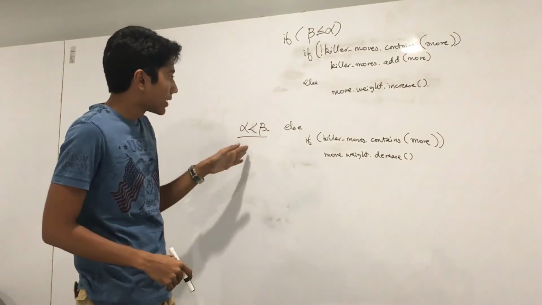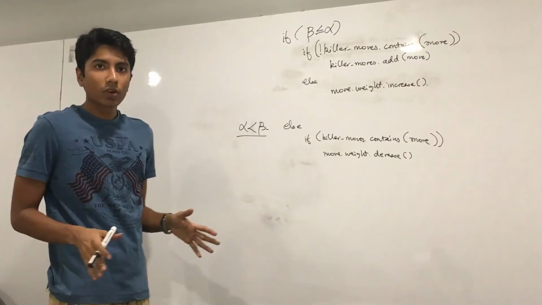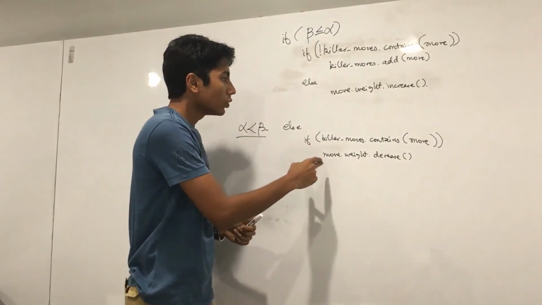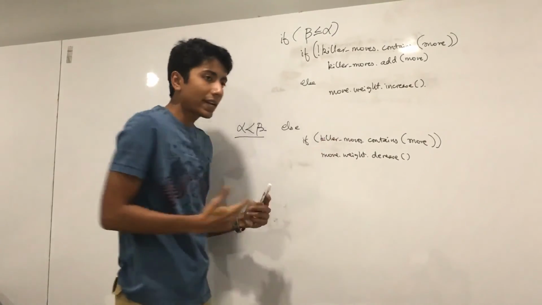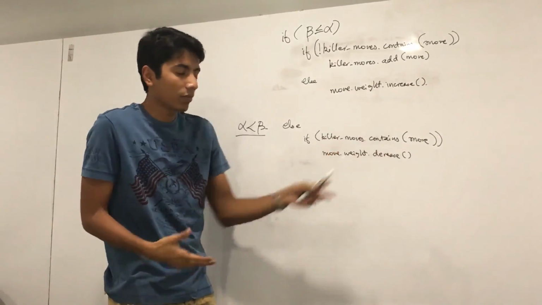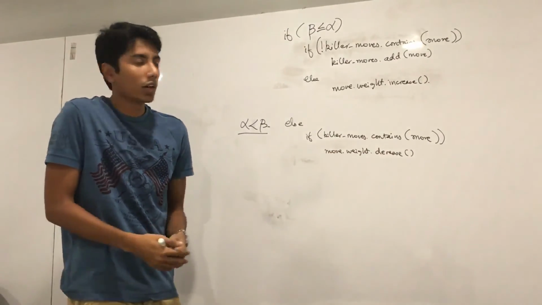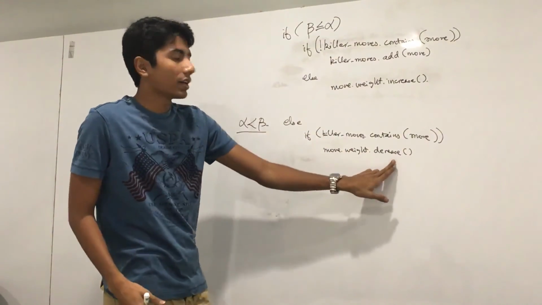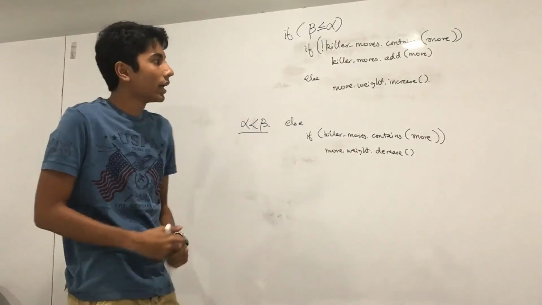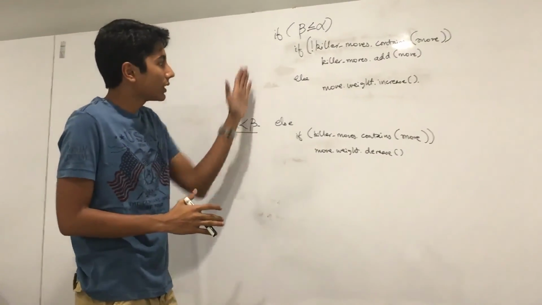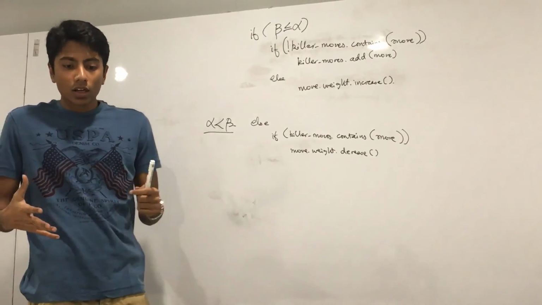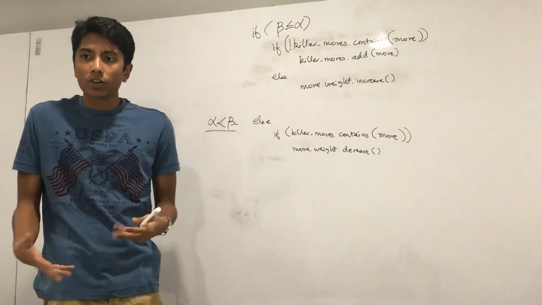On the other hand, if alpha is less than beta, this means that there's no cutoff and we need to actually evaluate the nodes after this also. What we do is we see if we were expecting this move, basically if this move was a killer move. If it's a killer move, we are expecting a cutoff, we didn't get that, so we are going to decrease the weight. Now, what this does is it only increases your probability of actually reducing the number of moves that you're going to evaluate.